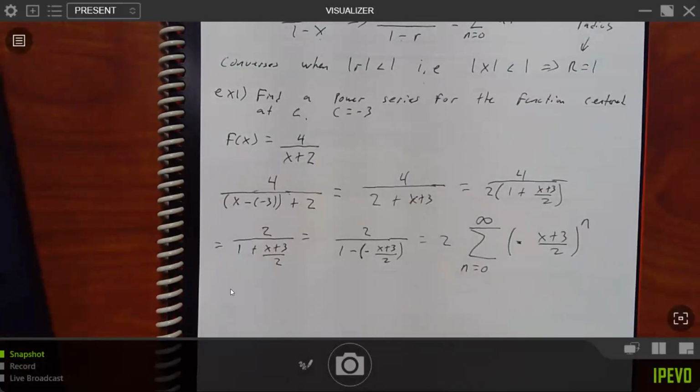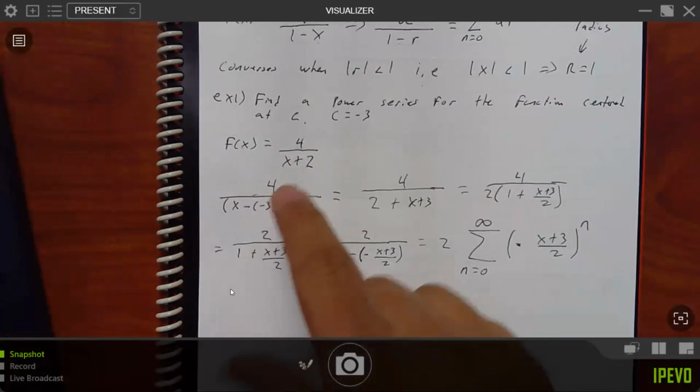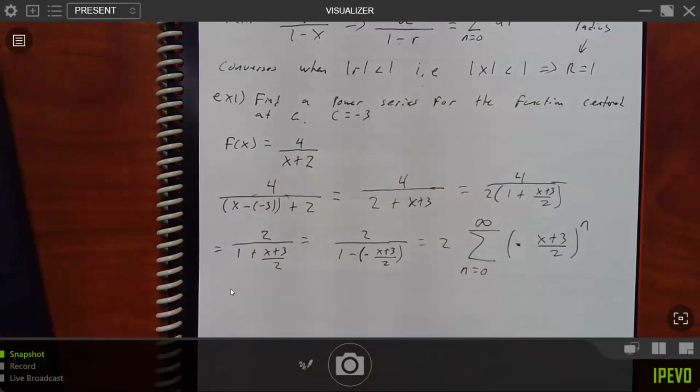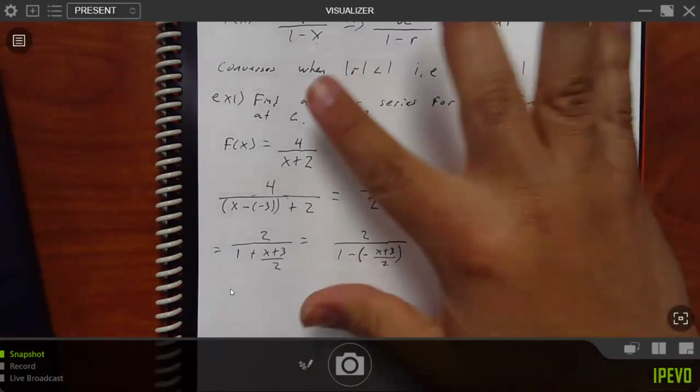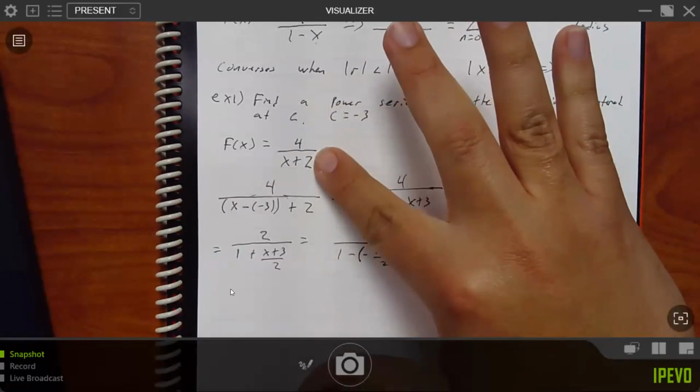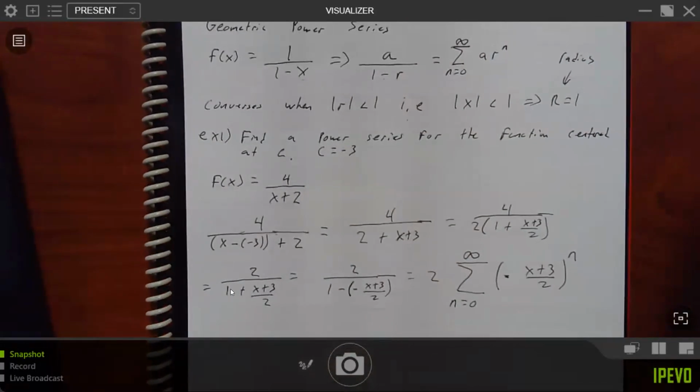So if it's centered at 2, you would put x minus 2. If it was 0, then you would just leave it alone. So this has a specific c, which will determine the interval of convergence. If they don't give you one, then you're just going to start with this and try to make it look like this, which would be a lot easier if it's just a plus 2. You just factor the 2 out.